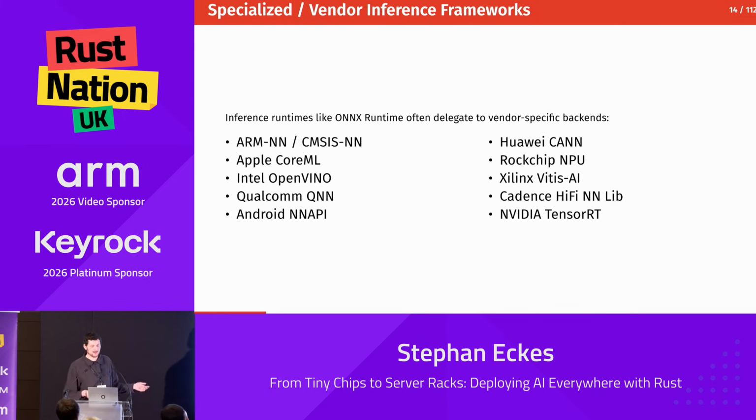So you have ARM NN specifically for ARM microcontrollers. You have Apple Core ML for the Apple M chips. You have Intel OpenVINO for those Intel NPUs and GPUs. You have Qualcomm QNN for mostly those Qualcomm processors, Android NNAPI, and it goes on and on and on, right?